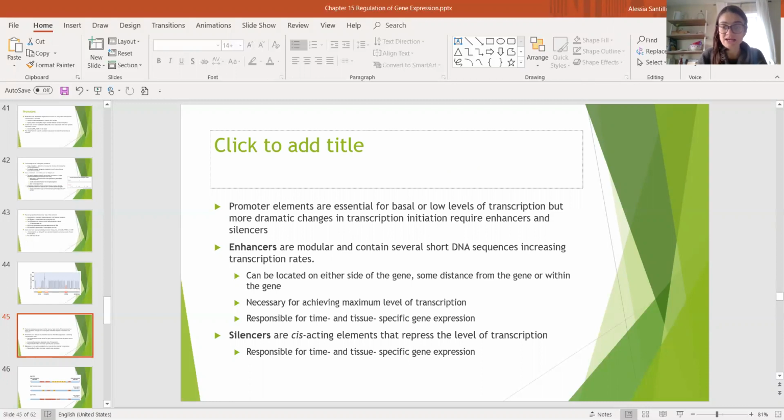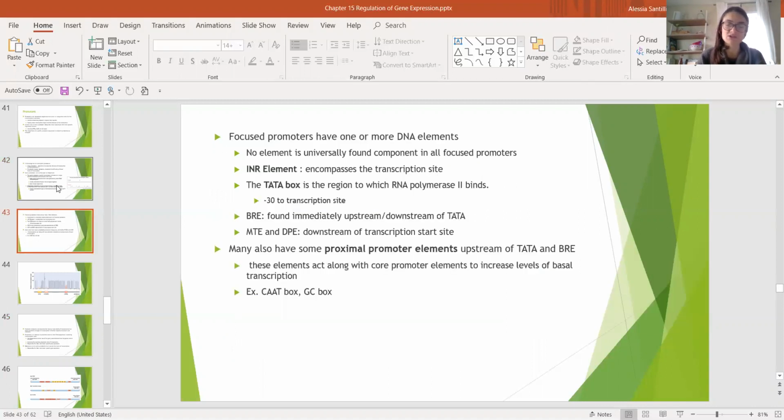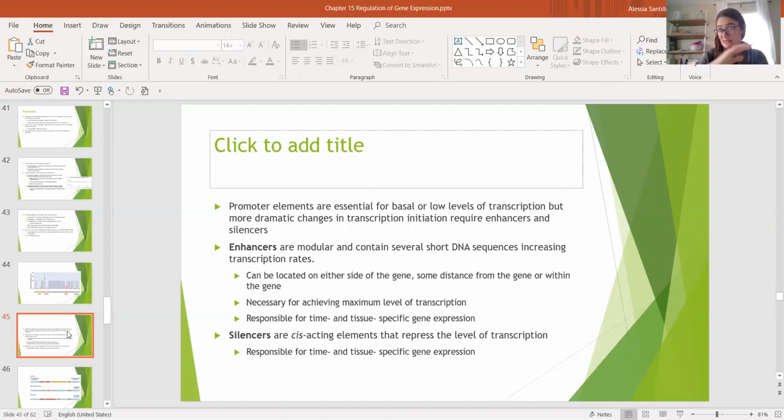The thing about these guys is that they are not necessarily found immediately next to or adjacent to our gene. Even with distal promoters or proximal promoters or dispersed promoters, they're found relatively near the gene, right? They're right next to it. These enhancers and silencers don't have to do that.